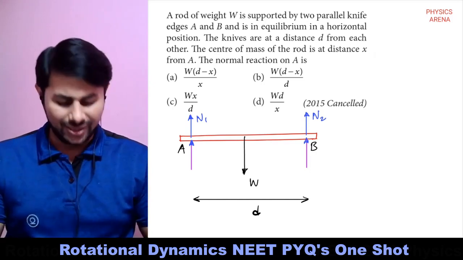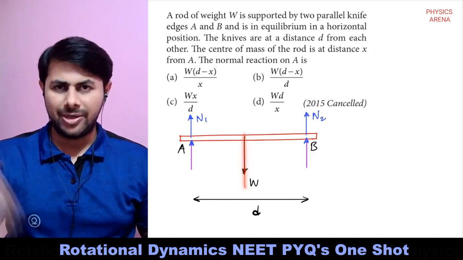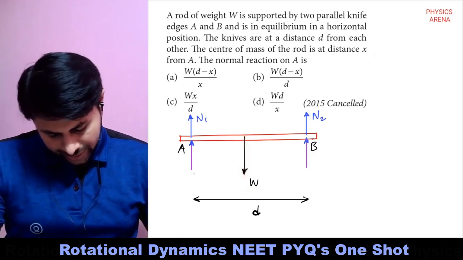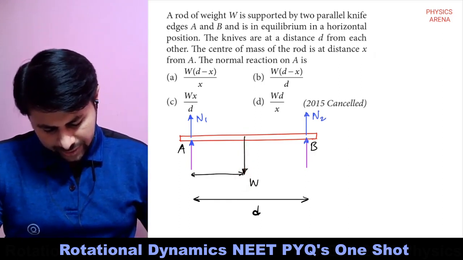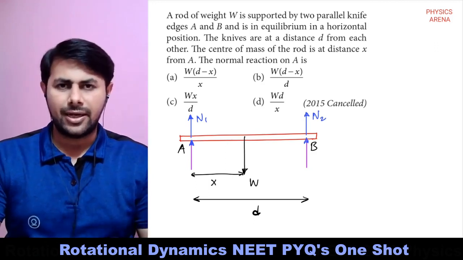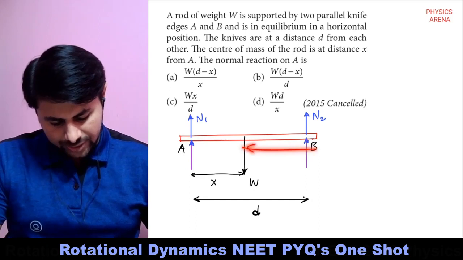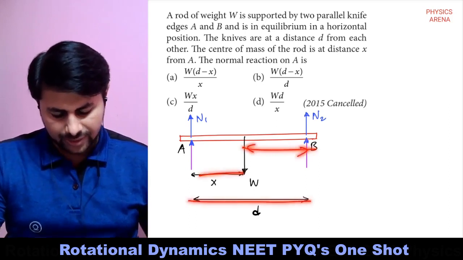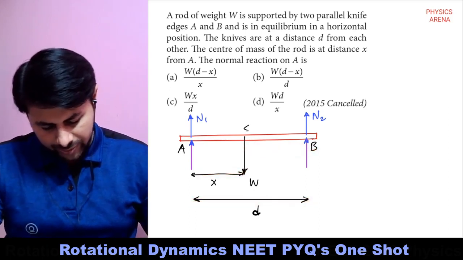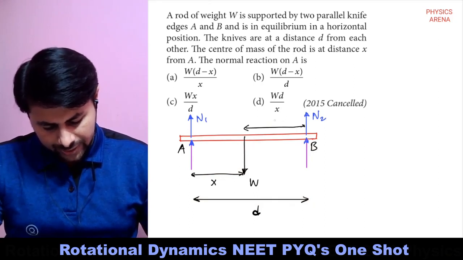If the rod is symmetric, then it will act at the midpoint. So this distance is x, right? So how much would be this other distance? It will be D minus x.